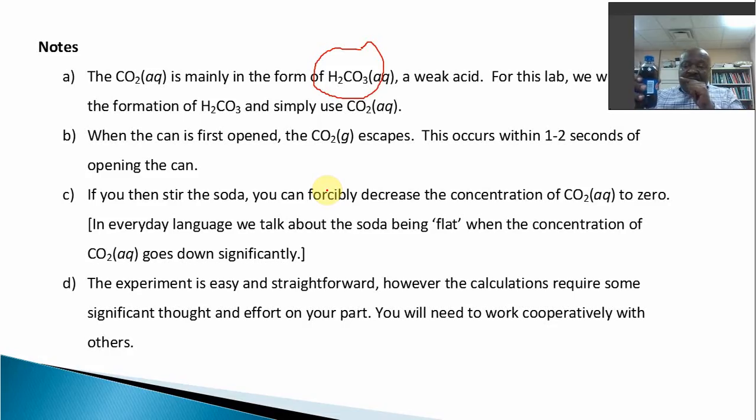And then I can do the calculations to determine the concentration of carbon dioxide aqueous. Then I can solve for K. You guys are going to do that. I hope you have fun doing it.